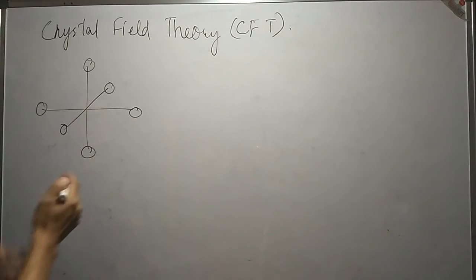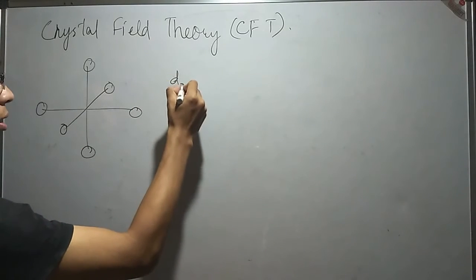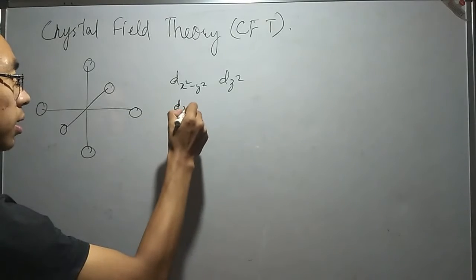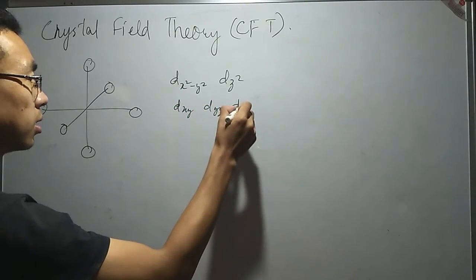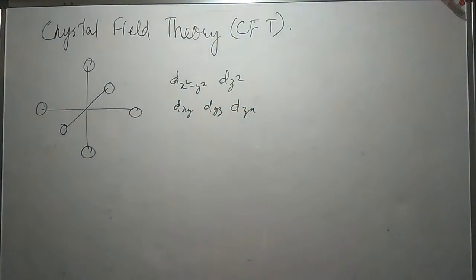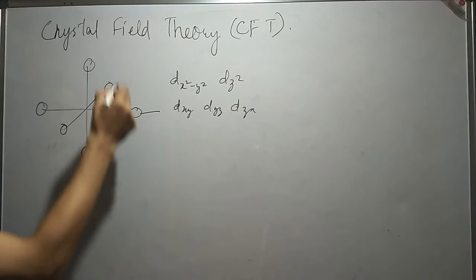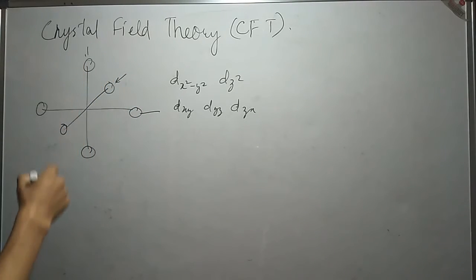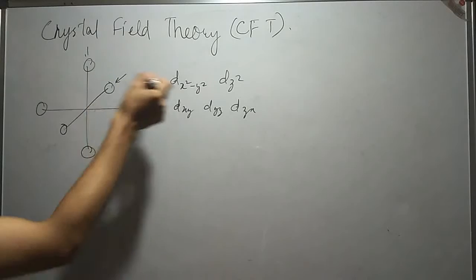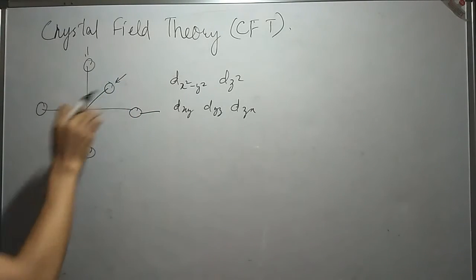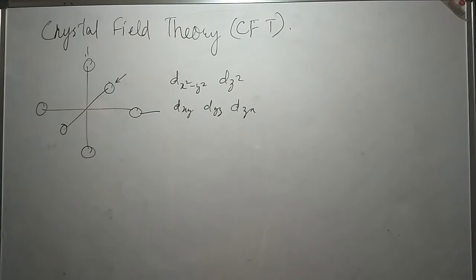Now we have the orbitals: dx square minus y square, dz square, dxy, dyz, dzx. For any octahedral complex formation, the ligands will be approaching through all the 3 axes, isn't it? The ligands will not approach between the axes, but directly through the 3 axes.